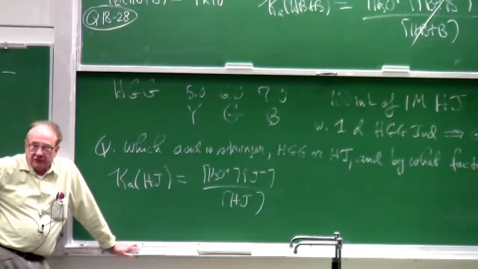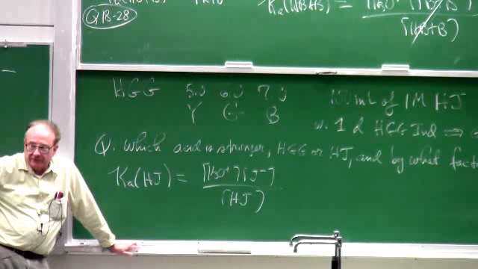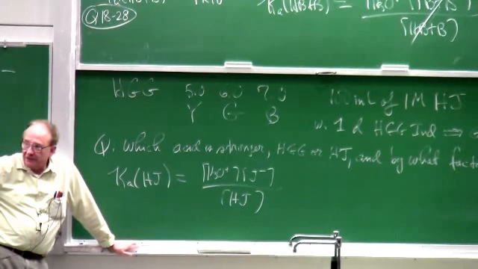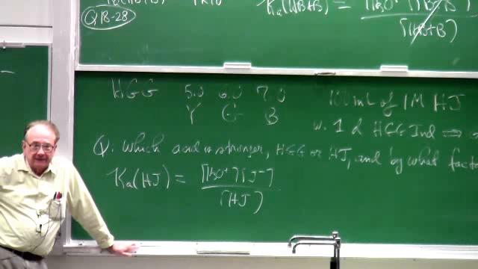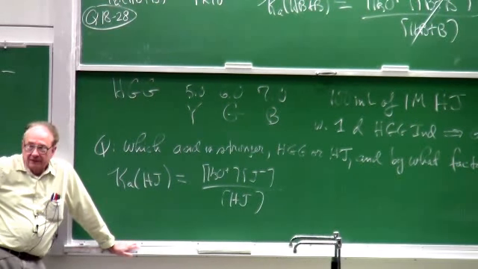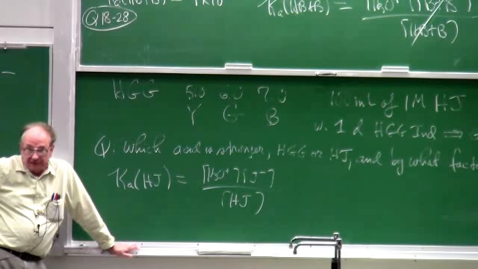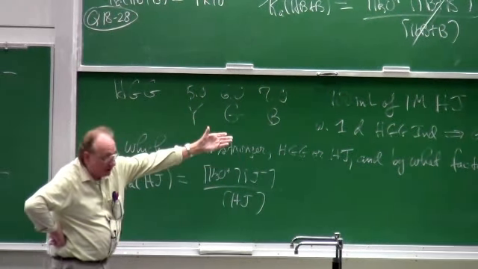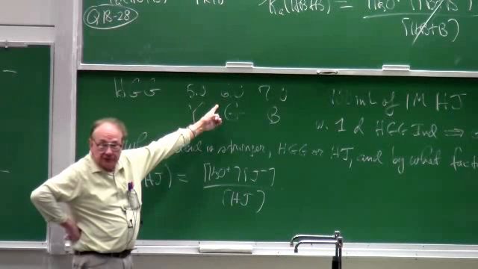For this HJ treated solution, what is the pH? What's the hydronium ion concentration? 1 times 10 to the minus 6. What's the J minus concentration? 1 times 10 to the minus 6. We took this solution, treated it with a drop of indicator, got a green color. Green color is 6.0 pH.